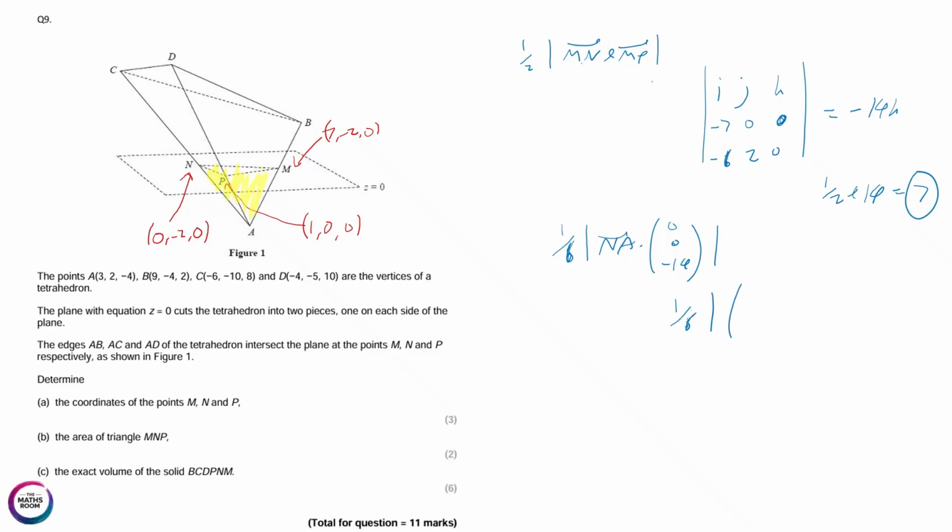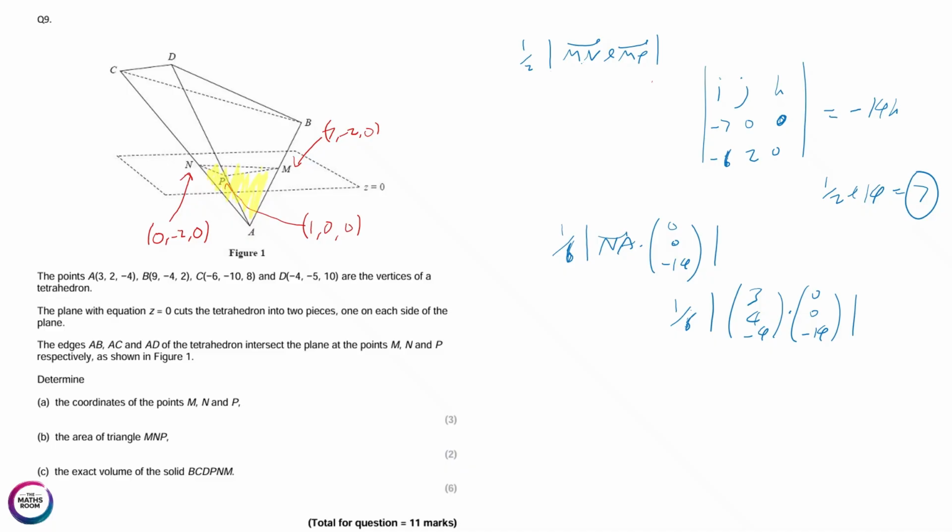So the vector N to A, which is obviously A minus N, should be straightforward. Should be 3, so A minus N, yeah. So I'm doing 4, and obviously minus 4. So I'm just going to dot that with my 0, 0, minus 14.